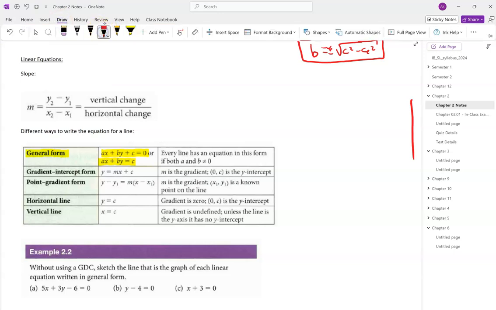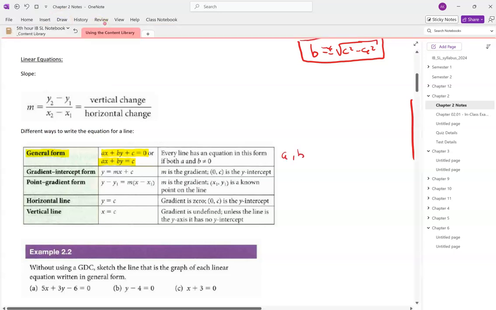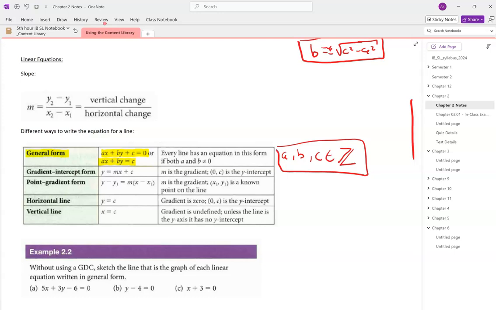The catch here is, though, that A, B, and C have to be integers. So that's usually the trickiest one to get because it involves clearing potential fractions out of there. So just keep that in mind.